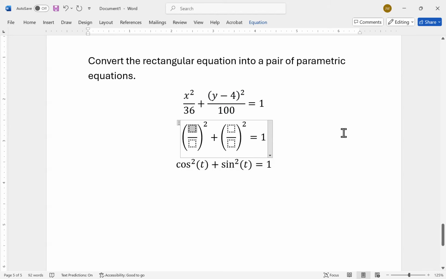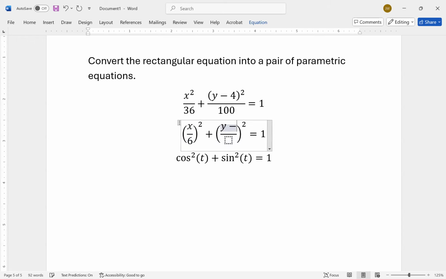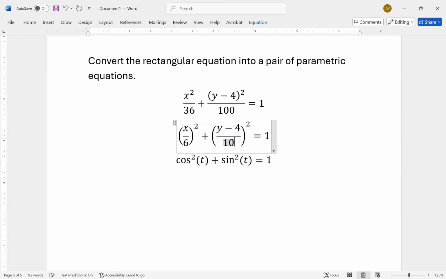So I need to rewrite this original equation into the quantity x over 6 all being squared, plus the quantity y minus 4 over 10 all being squared, and that can be equal to 1.